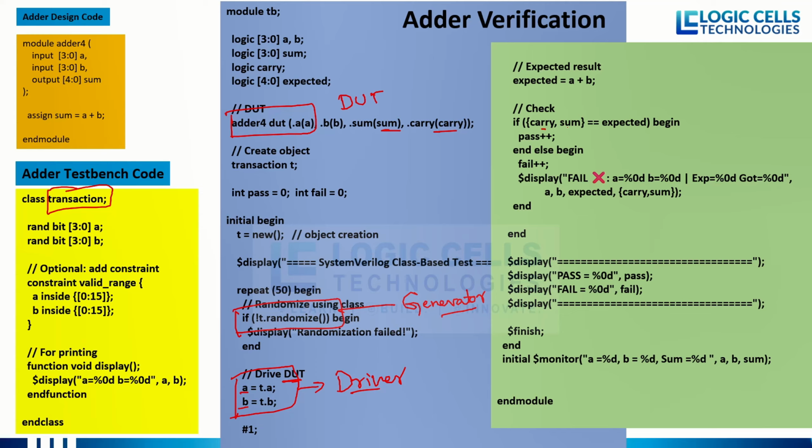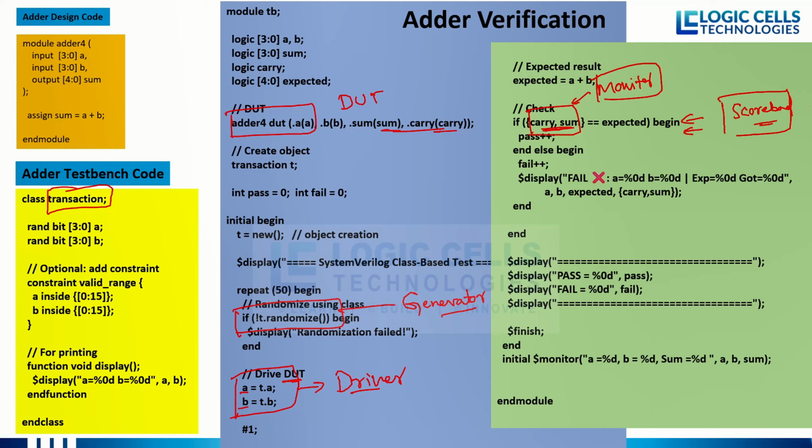This sum and carry what you have here, you are getting back to the test bench through this instantiation. Let us call this part, where we are monitoring the outputs, monitor. We are checking here with equals operator, right? Let us call this as a checker, or let's call it as a scoreboard. It is giving you the score of your test, right?